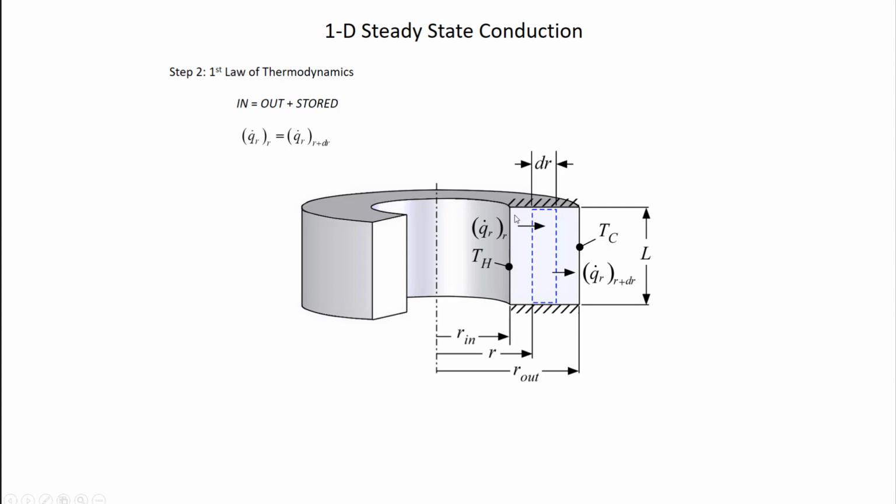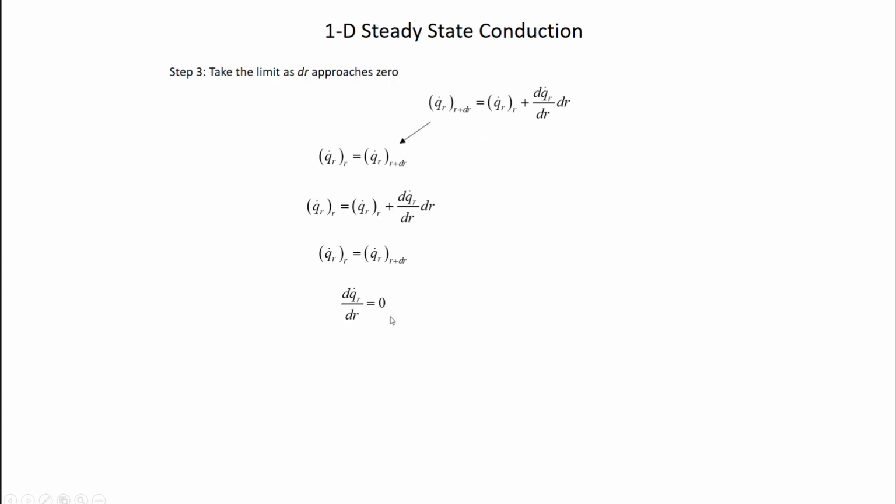If I have some rate of conduction at some radial location here, there's nothing adding or subtracting from that conduction. I'm not adding any convection, I'm not storing any energy, so therefore, no matter where I am in this material, q dot r has to be the same. And that's all this is saying, right? This is just saying q dot r, the radial conduction rate, has to be the same everywhere. It makes a lot of sense.